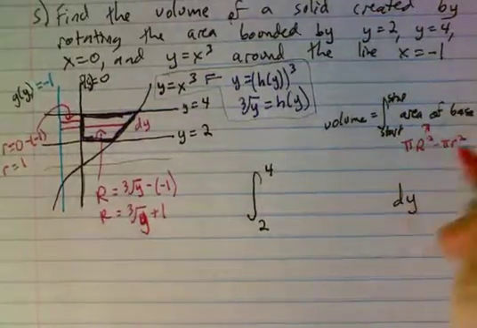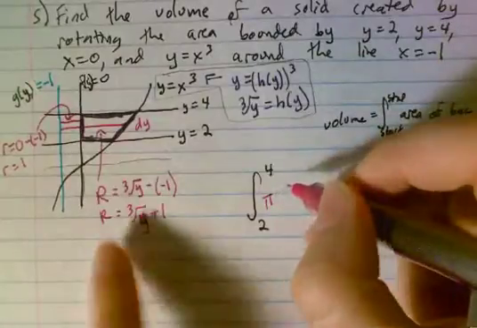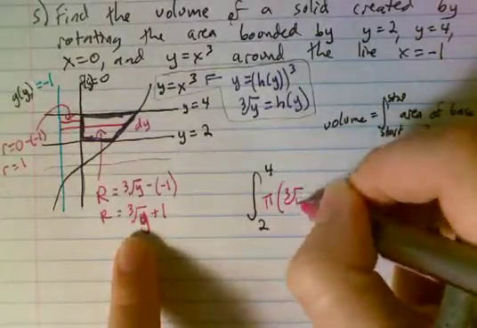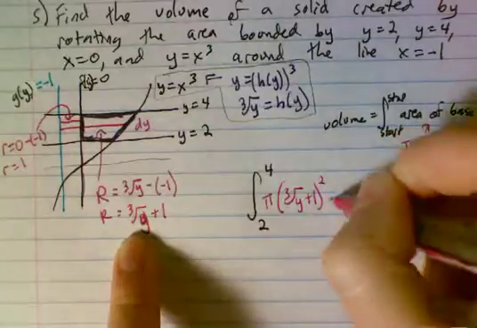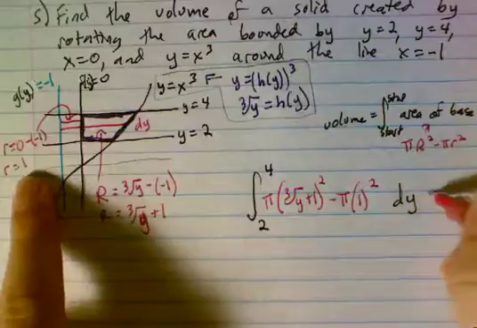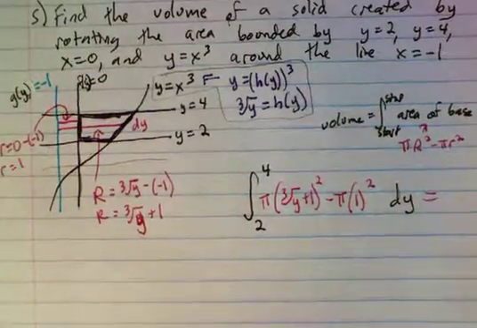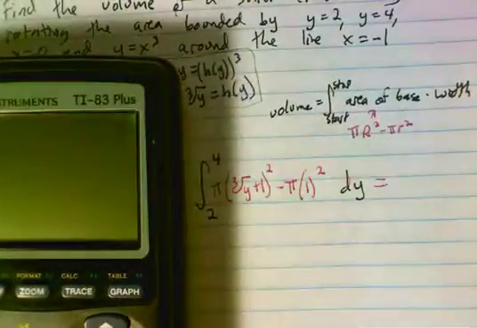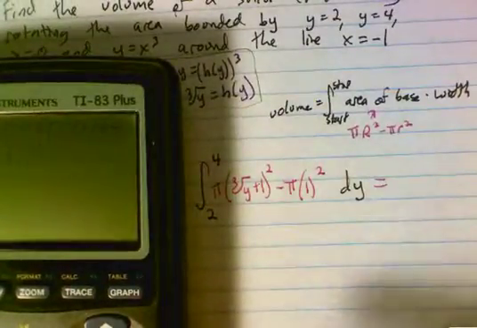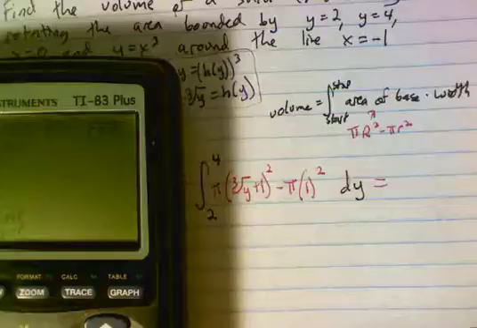Okay, almost done. We just have to put in our little equation here. We are good to go. So we've got pi, big R is cubed root of y plus 1, quantity squared, minus pi, little r is 1 squared. That's all in terms of y. And here is the happy little calculator. Pi, math 4 is going to give me the cubed root.